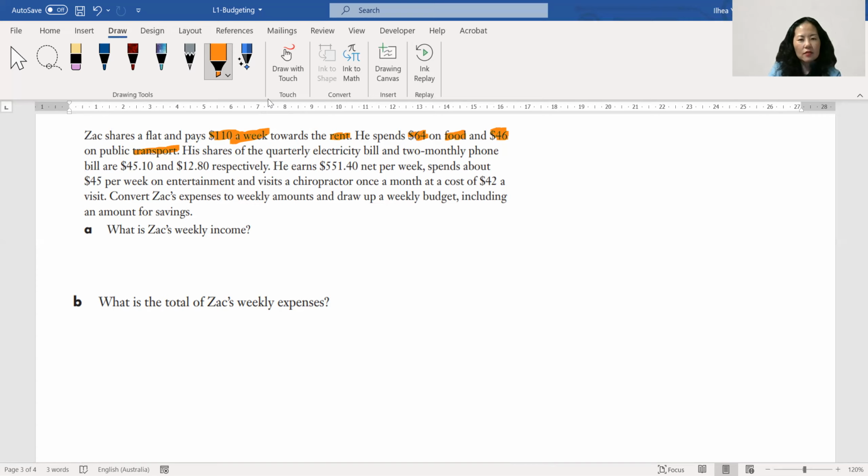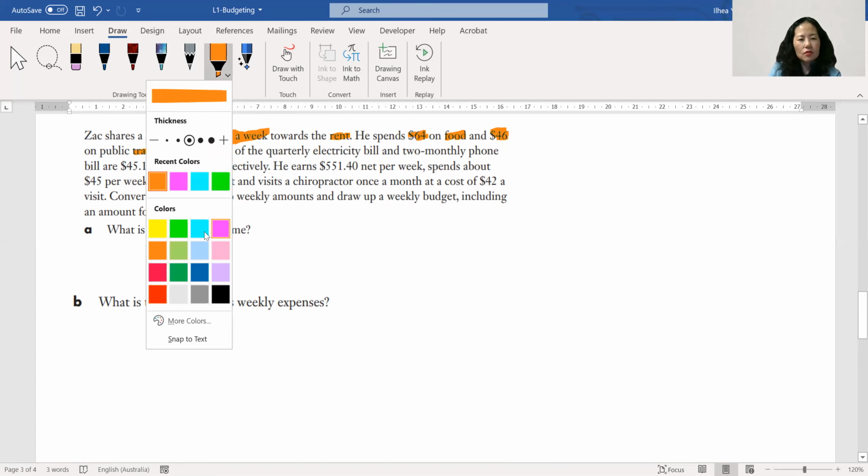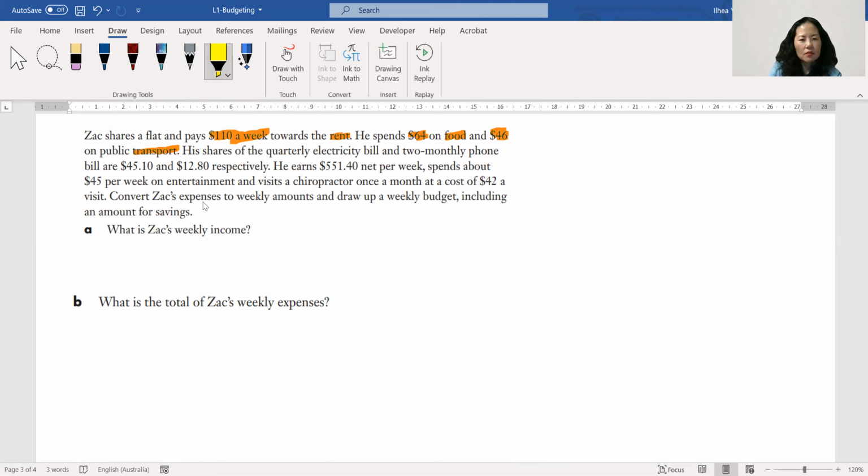And okay, this is some important information that I would like to put in a different color. So I would say quarterly electricity bill and 2 monthly phone bill.